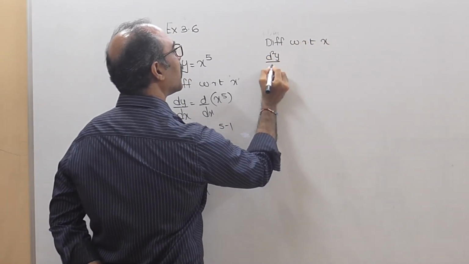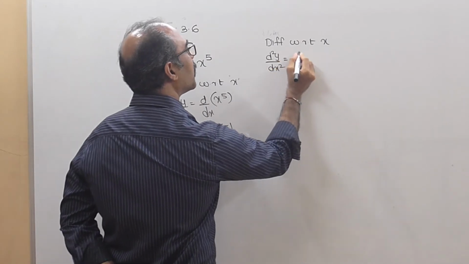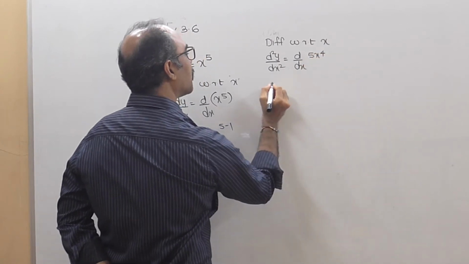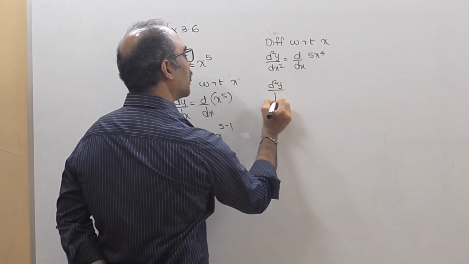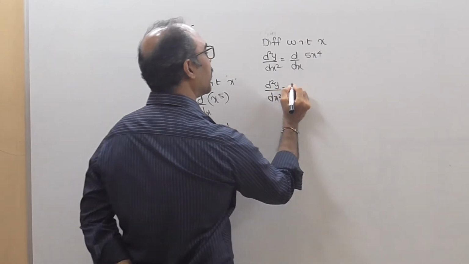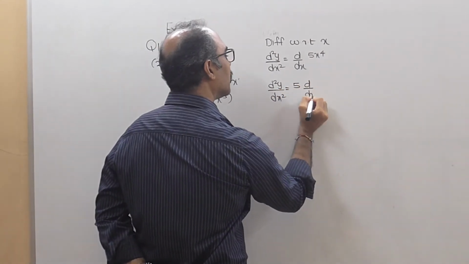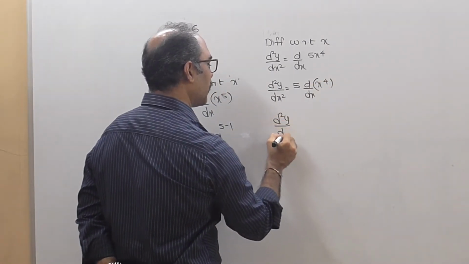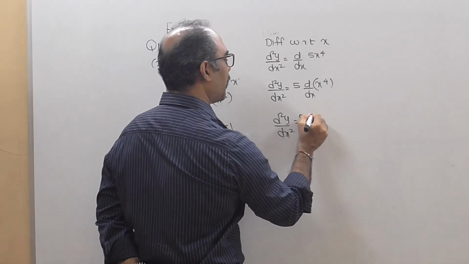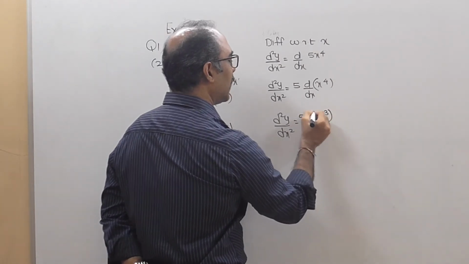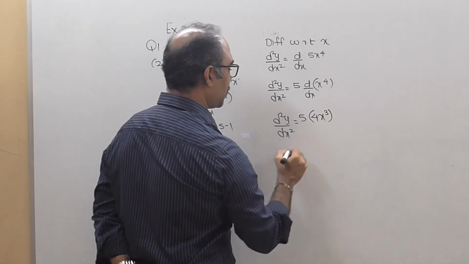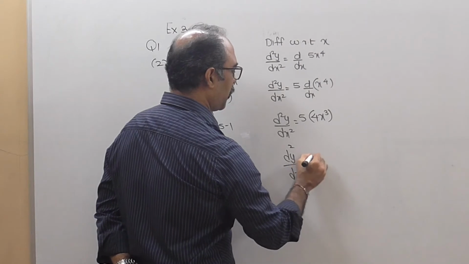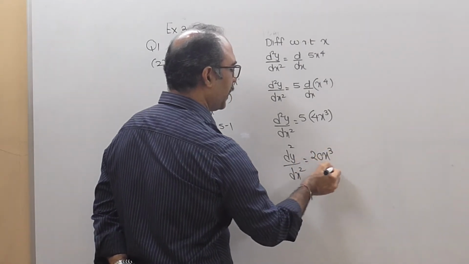You get d square y upon dx square equal to d by dx of 5 times x raised to 4. So you get d square y by dx square, 5 outside, d by dx of x raised to 4. So we get d square y upon dx square equal to 5. x raised to 4 is 4 times x raised to 3, that is x raised to n is n x raised to n minus 1. So we get d square y upon dx square equal to 20x raised to 3.